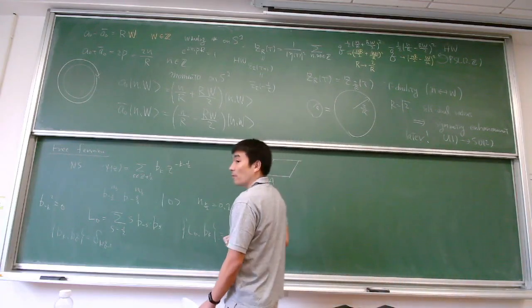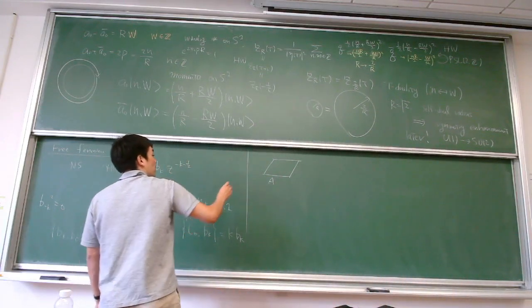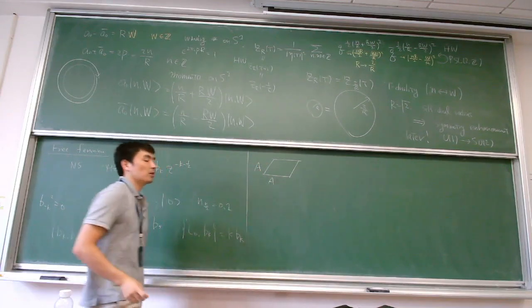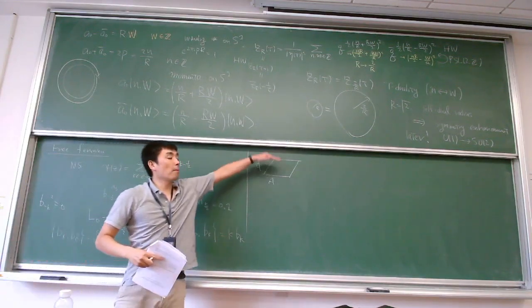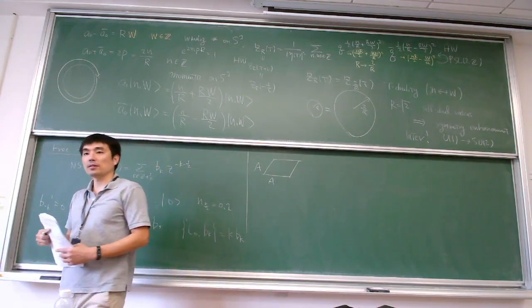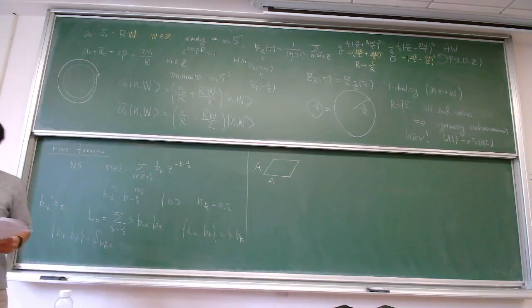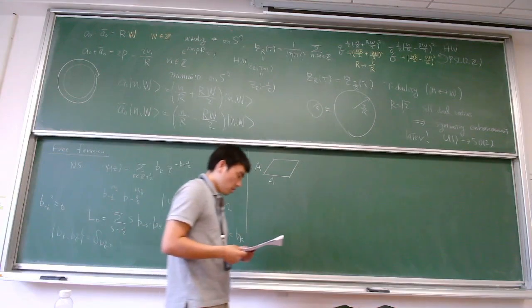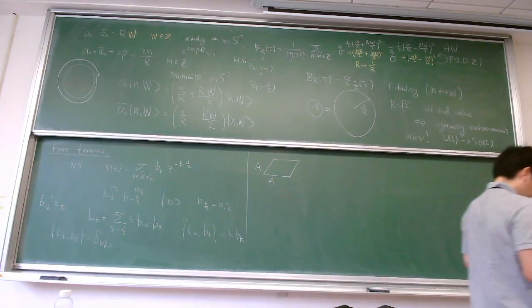So we can also impose that we identify top and bottom of the fermions up to a sign.